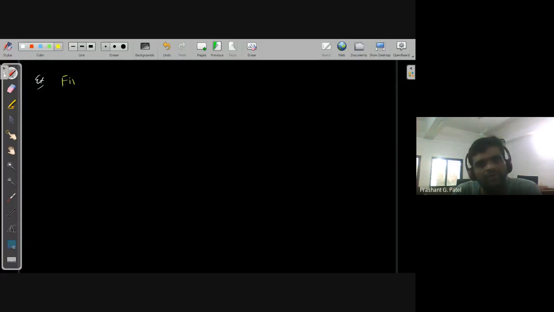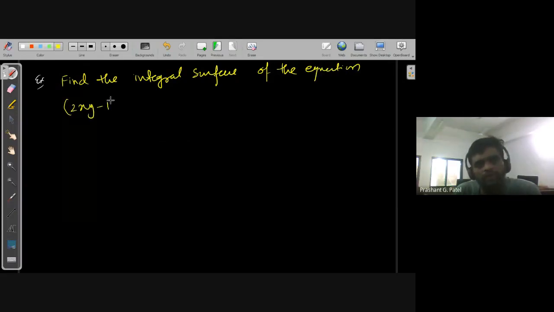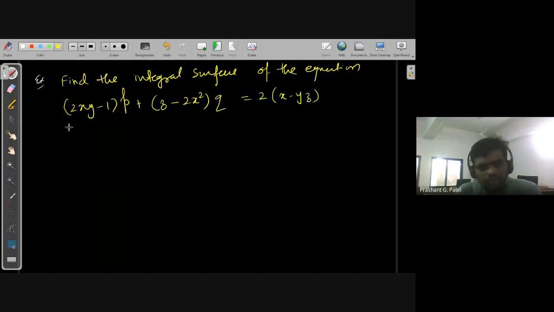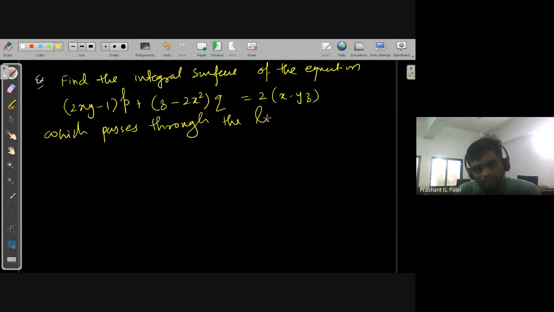Question is, find the integral surface of the equation (2xy minus 1) p plus (z minus 2x square) q equal to 2x minus yz, which passes through the line x0(s) is equal to 1, y0(s) is equal to 0, and z0(s) is equal to s.